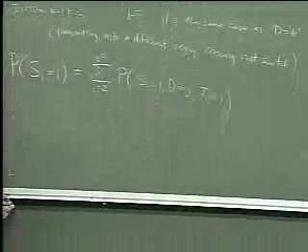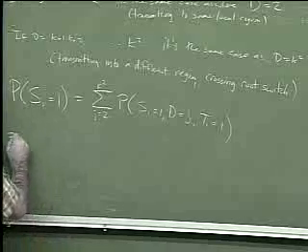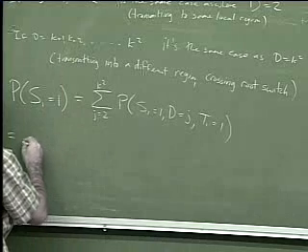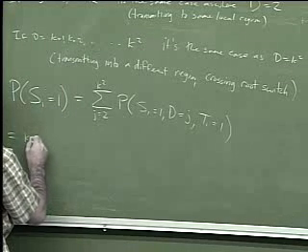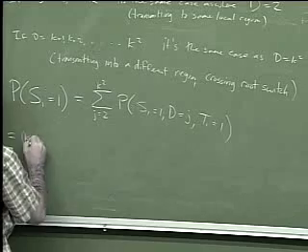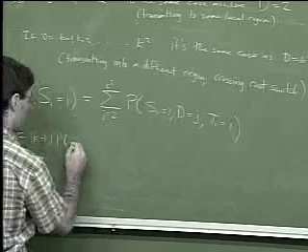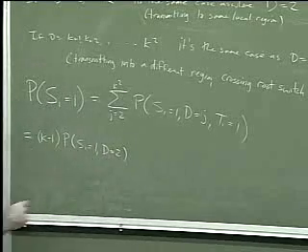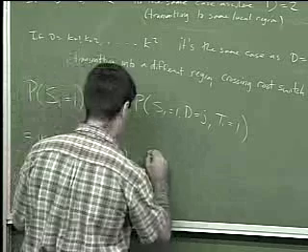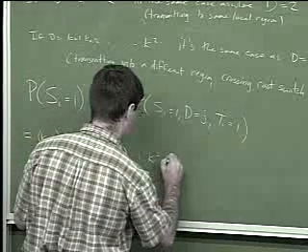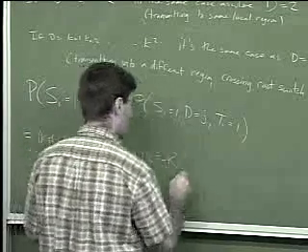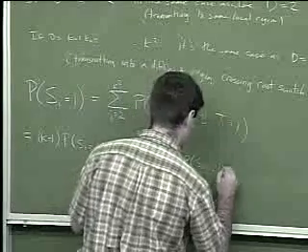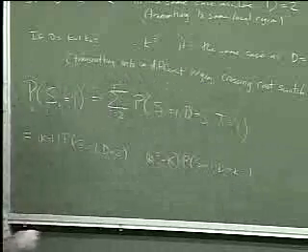So this works out to be that huge mess. From my claim above, it's going to be k minus 1 times the probability that S1 equals 1 and D equals 2, plus k squared minus k times the probability that S1 equals 1 and D equals k squared.